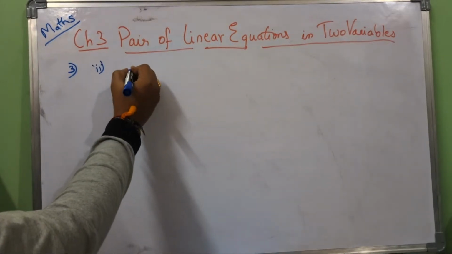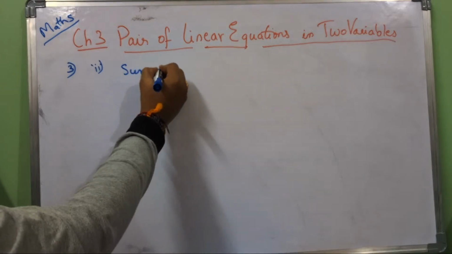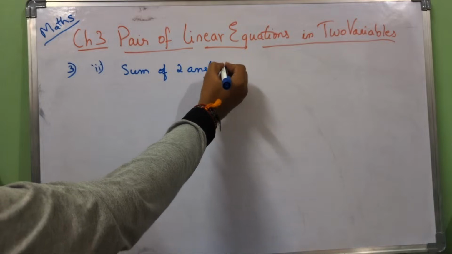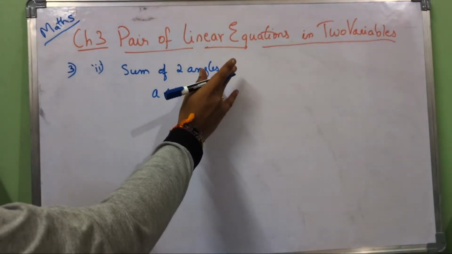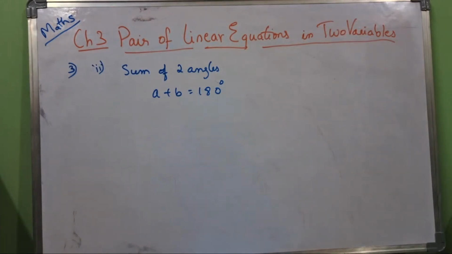So supplementary angles are the angles where the sum of two angles is equal to 180 degrees. So we have one equation which is A plus B equal to 180 degrees.